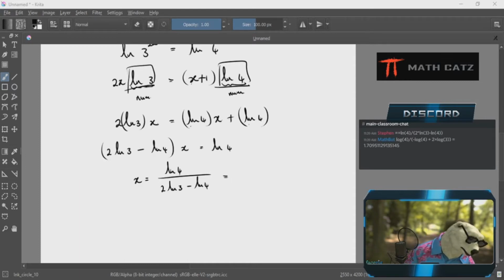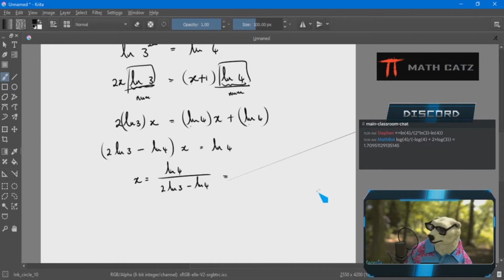Hopefully that is correct. And of course, in the meantime, you would have done that, and you can confirm my answer as 1.7095. Final answer, I can round that, and I like 4 decimal places if nothing else is instructed for me to do.